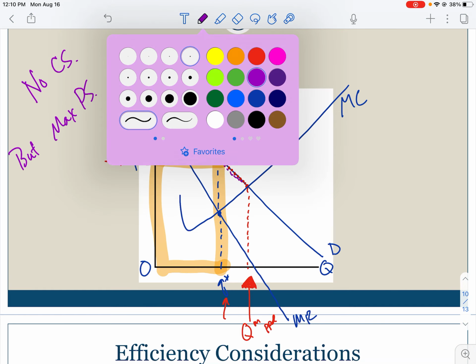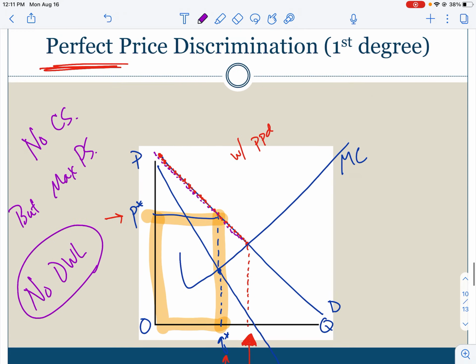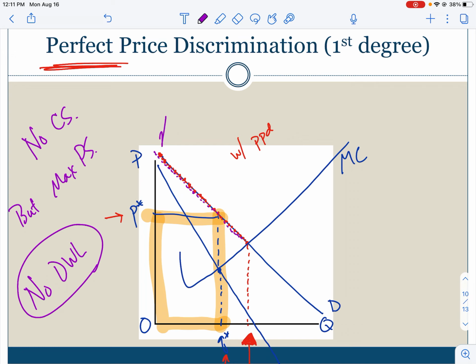So the takeaway here is that there is no deadweight loss, at least in the theoretical sense. The problem is, when can you do this? When can you perfectly price discriminate and sell to every single buyer at their exact absolute maximum willingness to pay? I have trouble thinking of examples where you can do that.